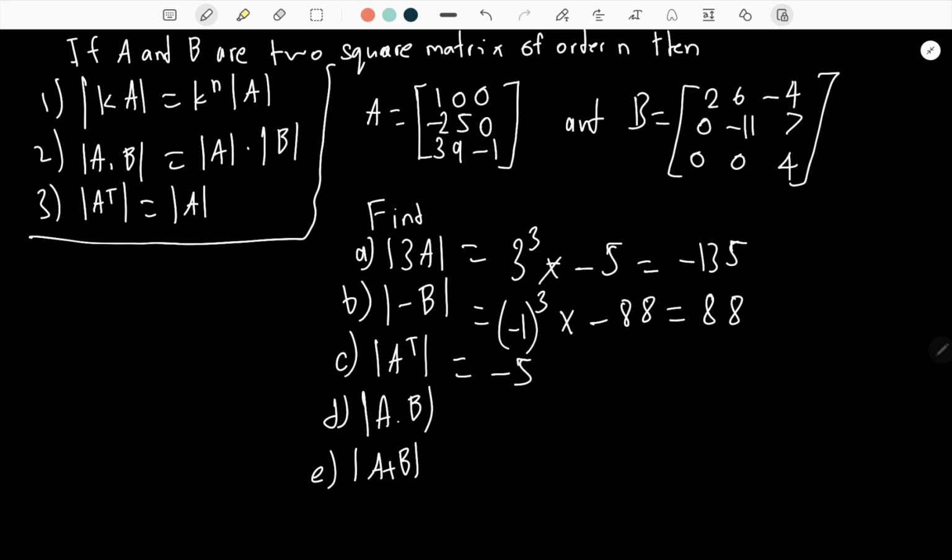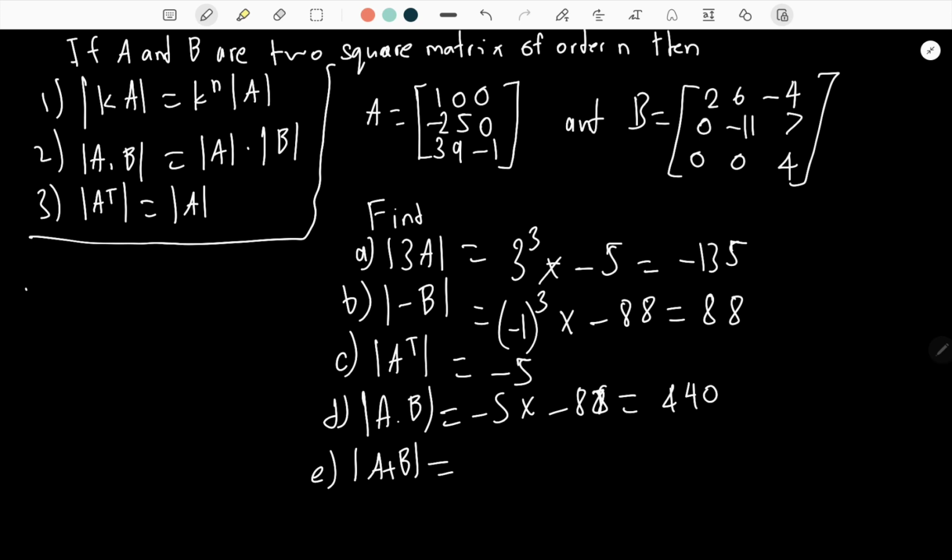For this question, we just use the second condition, which is multiplying both of them. So it will be -5 times -88, which is equal to 440. And for the last question, we first add the matrices individually.